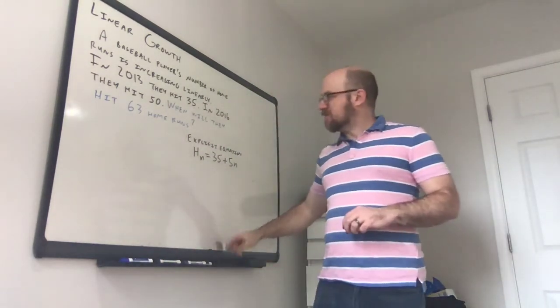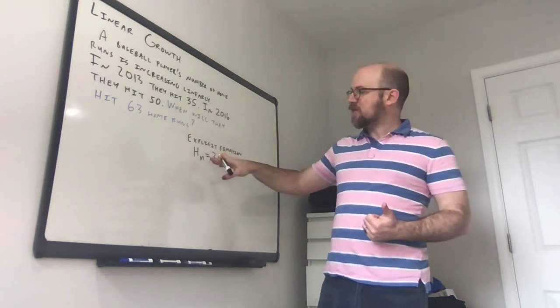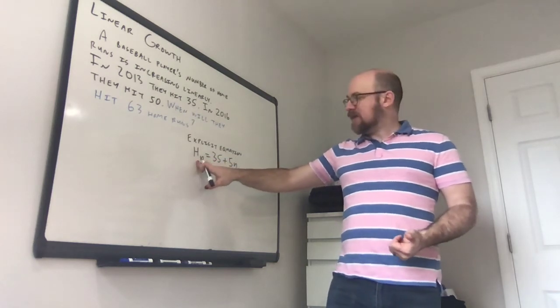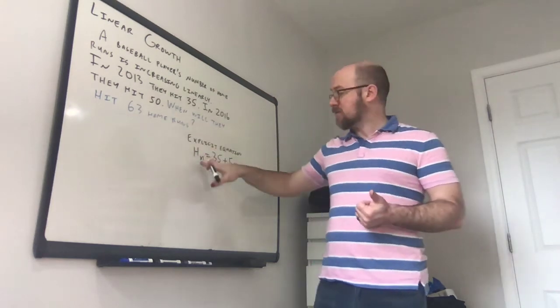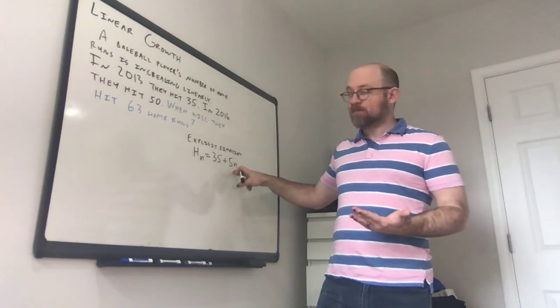It's one where the explicit equation is definitely more useful because it can get you a particular value. What we're asking is, for what n is h sub n going to be equal to 63, right? H sub n is the number of home runs, and we're asking when, so we're asking what time, okay?